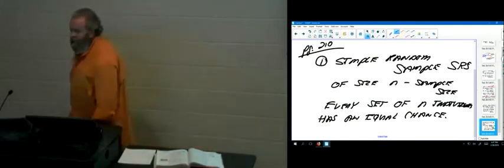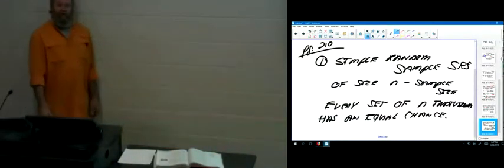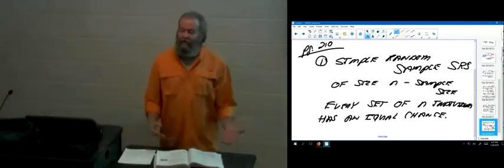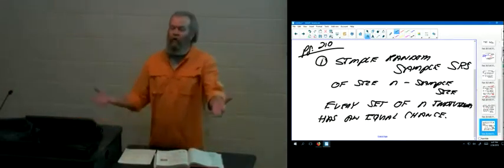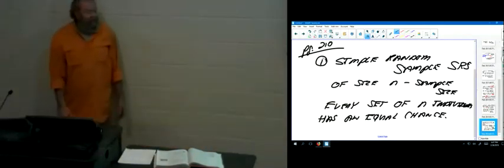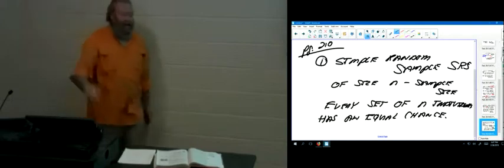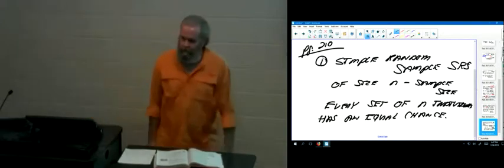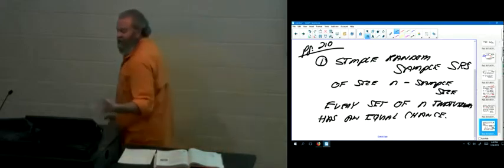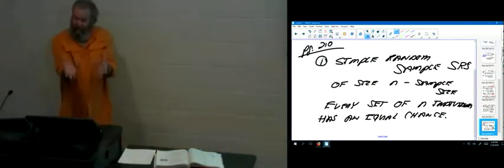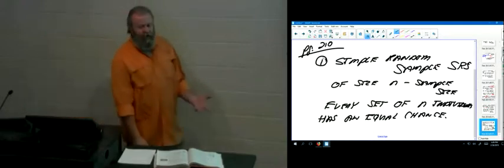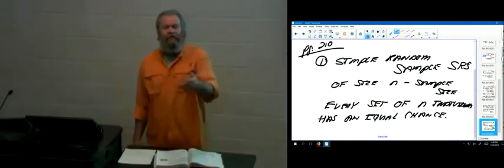Now, you guys stop writing for a second. Here's my question. Let's do something I can make a little bit of sense of. Let's say I'm going to choose registered voters and we're going to work local. Just for the sake of things, let's say I'm in Washington County and I want to choose 50 registered voters. I'm going to use this method of a simple random sample that I haven't really shown you how to do yet. Is it possible when I do that that all 50 of them are from Johnson City?